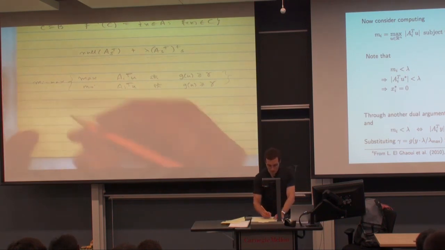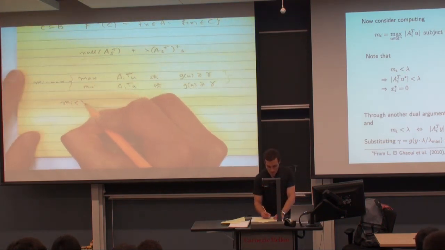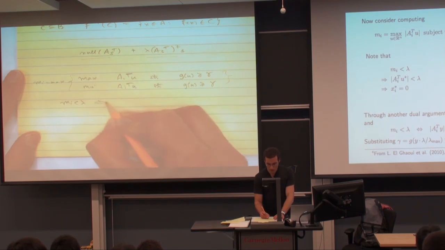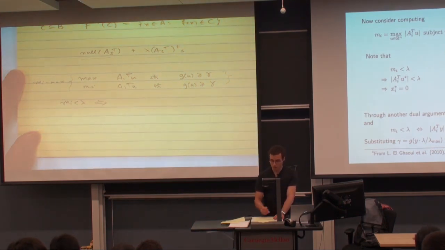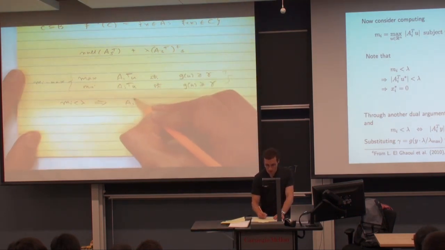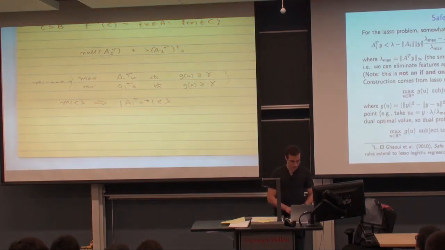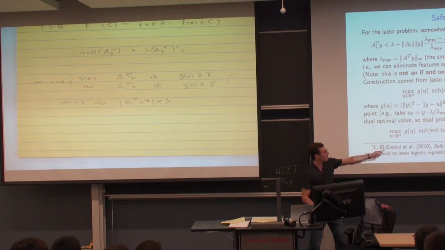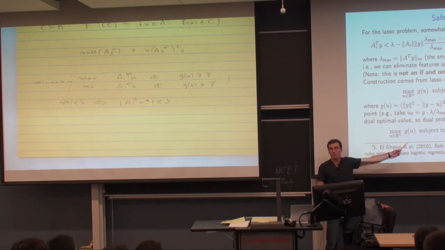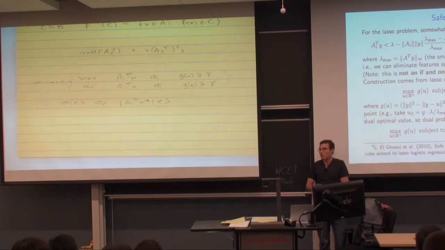So now I know that if m_i is less than lambda, then certainly at the dual solution, the absolute value of a_i transpose u star has to be strictly less than lambda. Right? Because if within the constraint set I can't find any u that makes a_i transpose u equal to lambda in absolute value, then certainly at the solution that can't be true, because I'm optimizing over that constraint set.